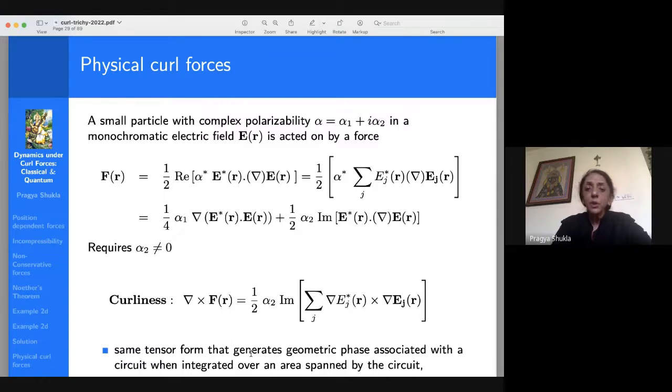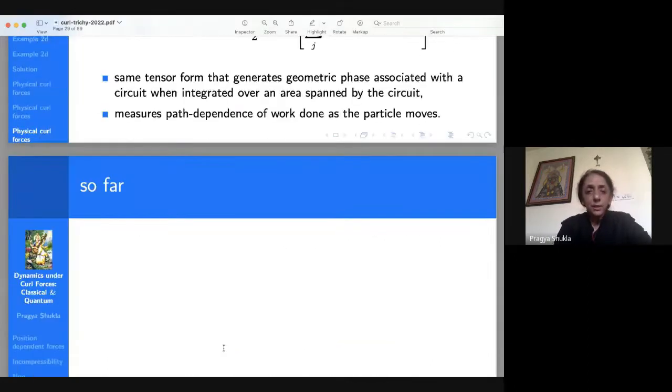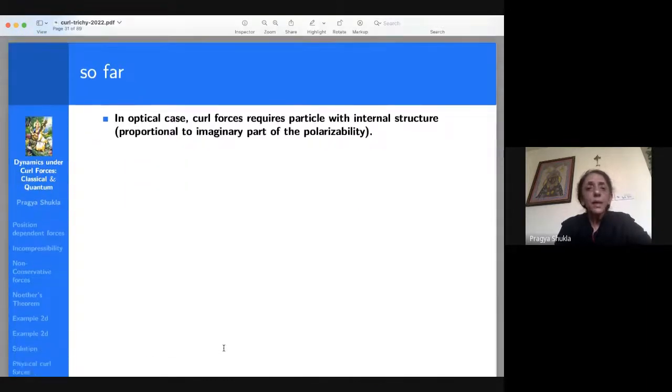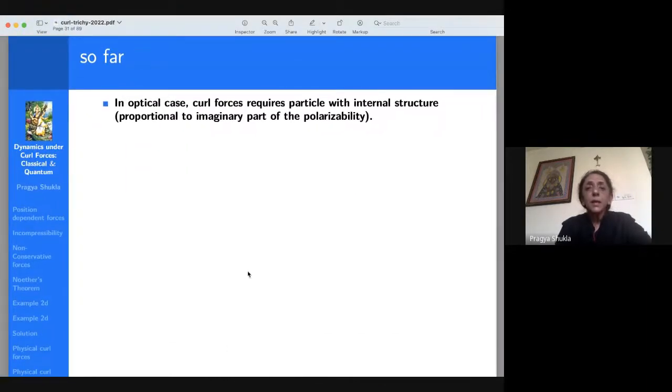Okay, there are a lot more details, but I'll not go into them. So what I have told you so far is that in optical cases, curl forces require particles with internal structure. Internal structure means there will be a non-zero imaginary part of the polarizability.